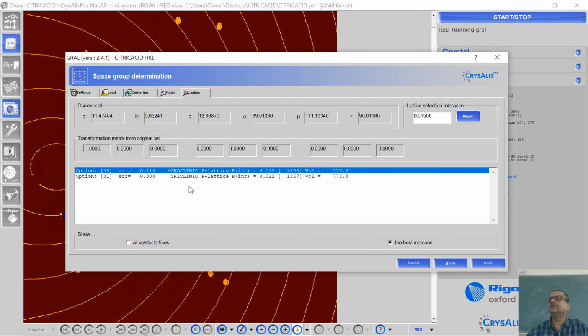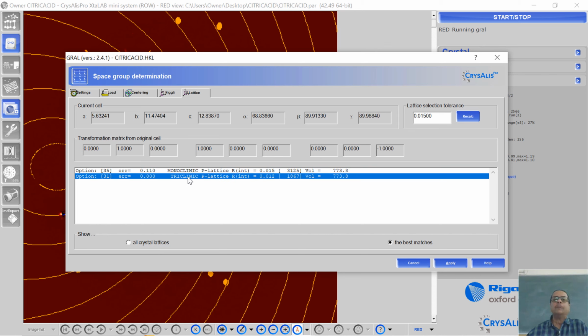Then it gives you two possibilities. Do you want to go ahead with monoclinic or do you want to make it triclinic? So it gives you an alternate unit cell which is triclinic with alpha 68, beta and gamma close to 90. This is technically a monoclinic unit cell with a beta of 180 minus this value.